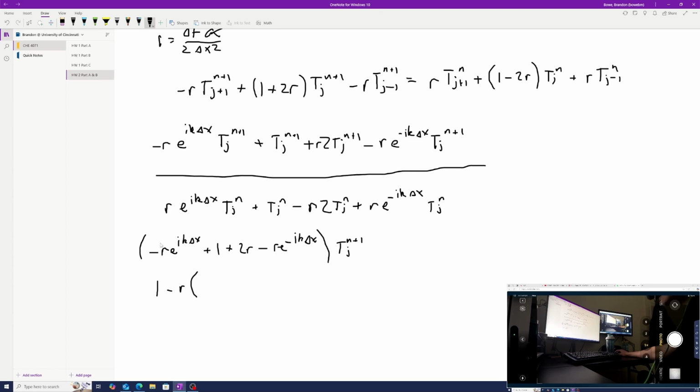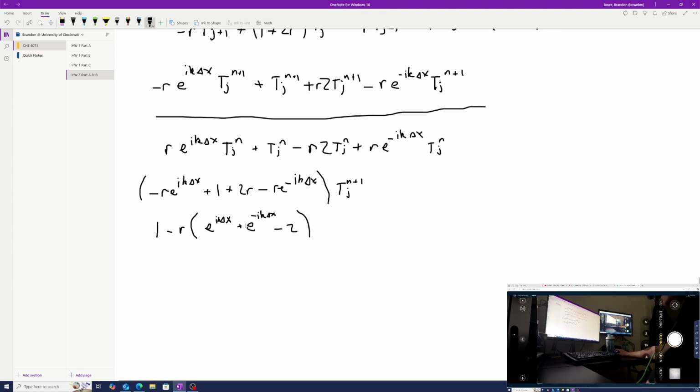Then that will switch this sign around, so we will have e to the i k delta x, and then we will have again plus e to the negative i k delta x, and then lastly we'll have this 2r, which we pulled out the negative r, so we will have minus 2.